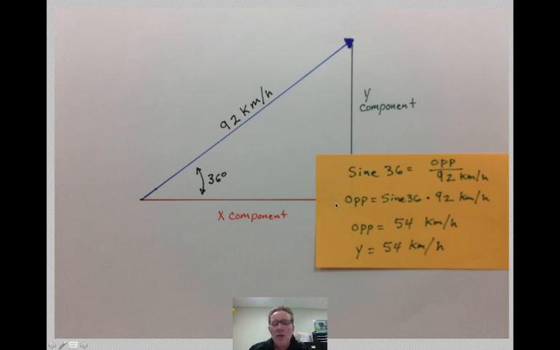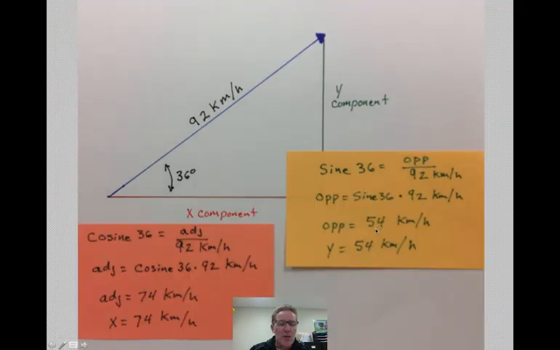Now, you should just go ahead and rearrange this equation or this relationship we have here. So opposite is going to be equal to the sine of the angle, which is 36, multiplied by the hypotenuse, in this case 92 kilometers per hour. That gives us opposite equal to 54 kilometers per hour. So the y component is 54 kilometers per hour.